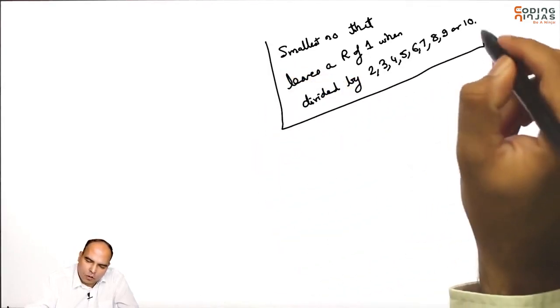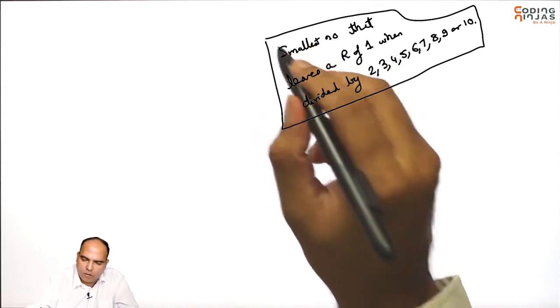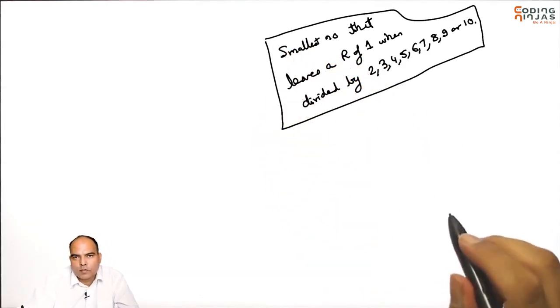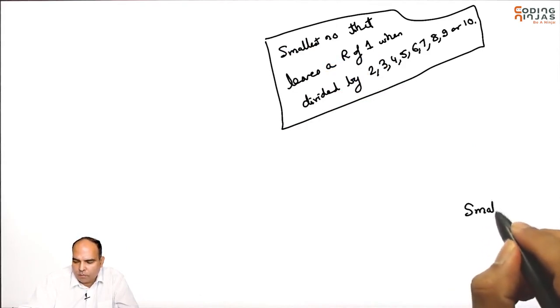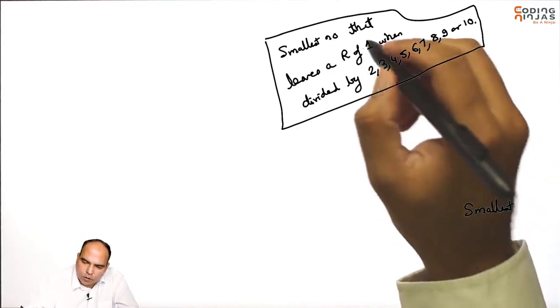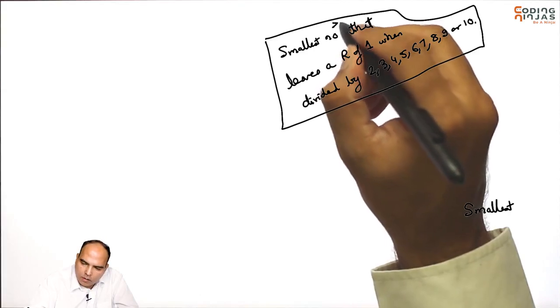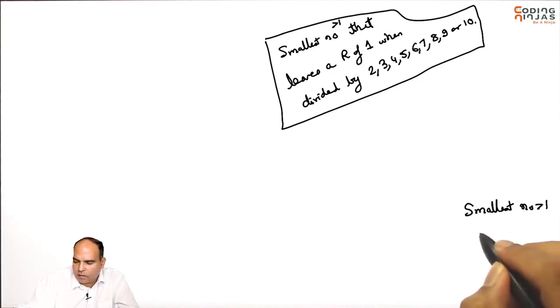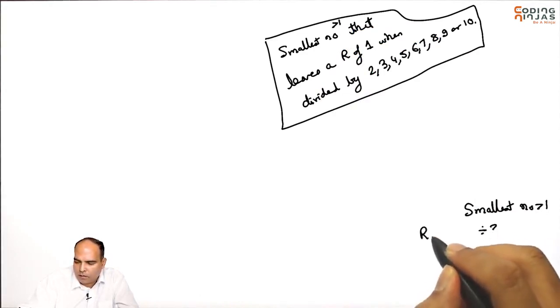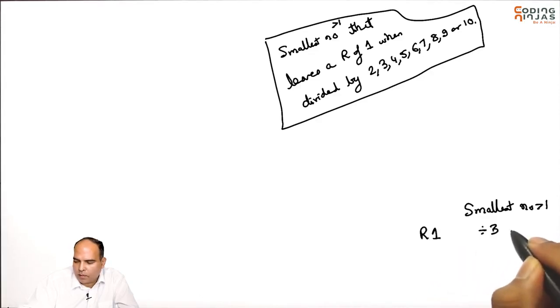Now first understand the logic of this question by taking a smaller case. Suppose I ask you, what is the smallest number greater than 1 that leaves a remainder of 1 when divided by 3 or 4?